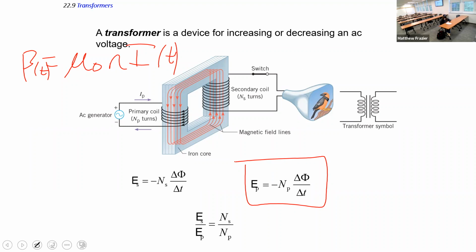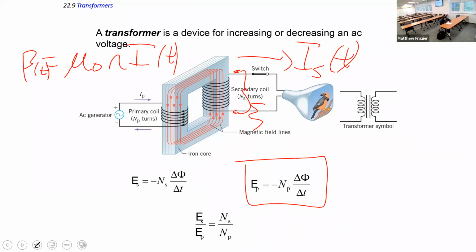And then that change in flux generates a new voltage across the second coil. So from here to here is your EMF, which means that there will be some secondary current that is also a function of time.